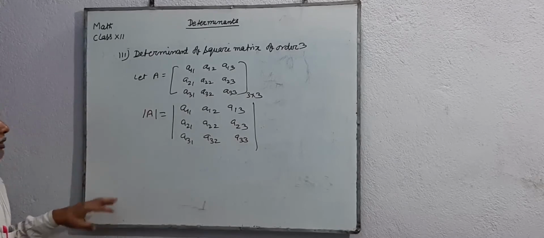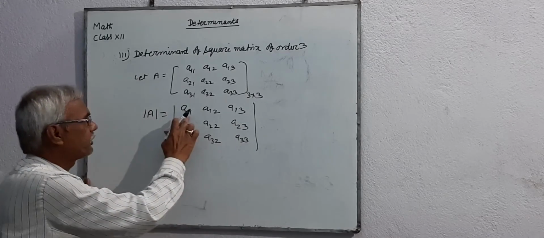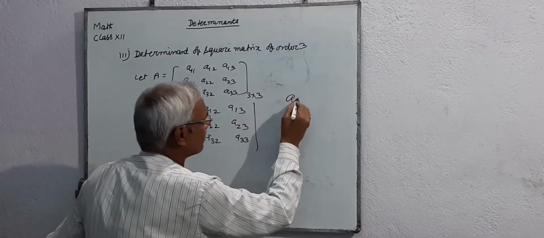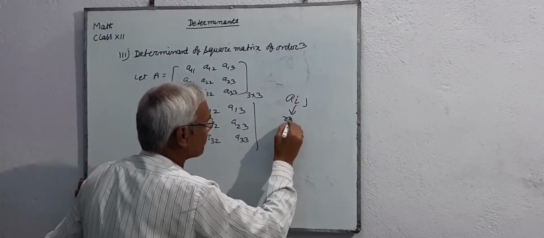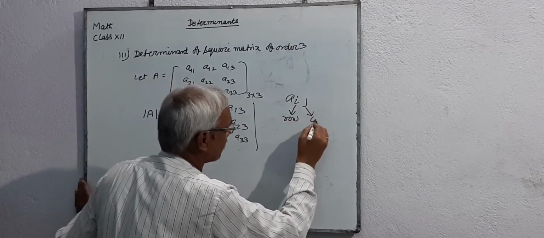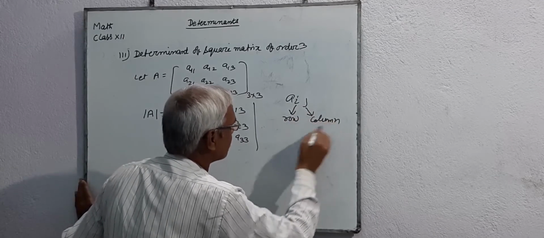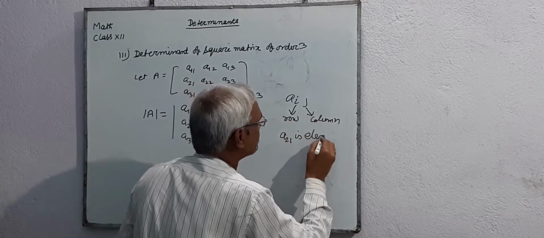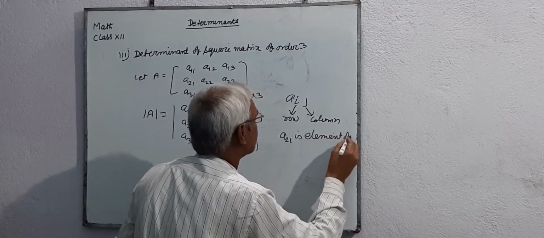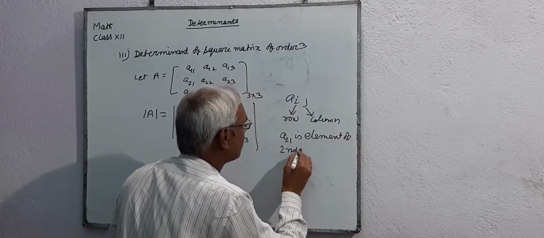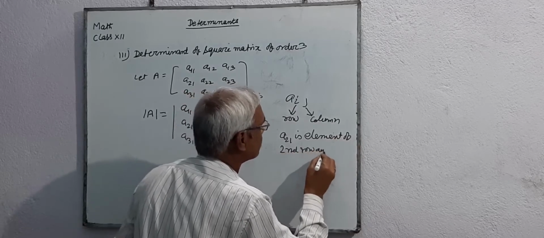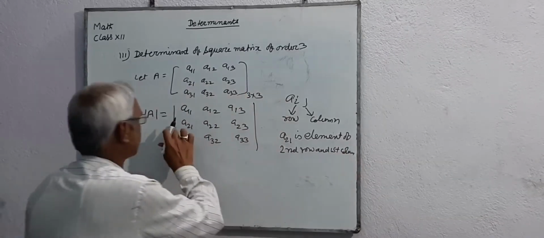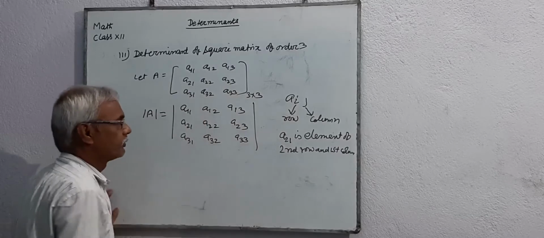In earlier classes, we studied that in a suffix like 11, the first suffix represents the row and the second suffix represents the column. That means A21 is the element of the second row and first column.